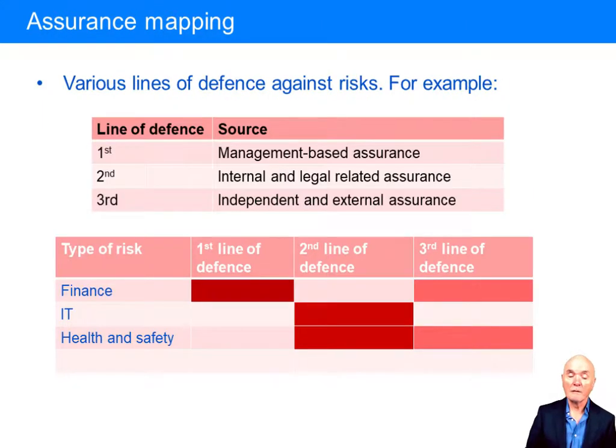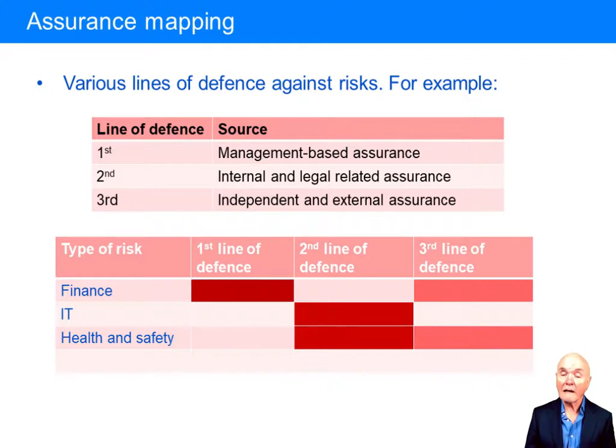Here's a very simple example. You have various lines of defense against risk, as we've said. So the first line might be regarded as management-based assurance. So that could be simply policies. So if you're looking at cyber security, there can be a management policy that says you must not download anything from the internet.